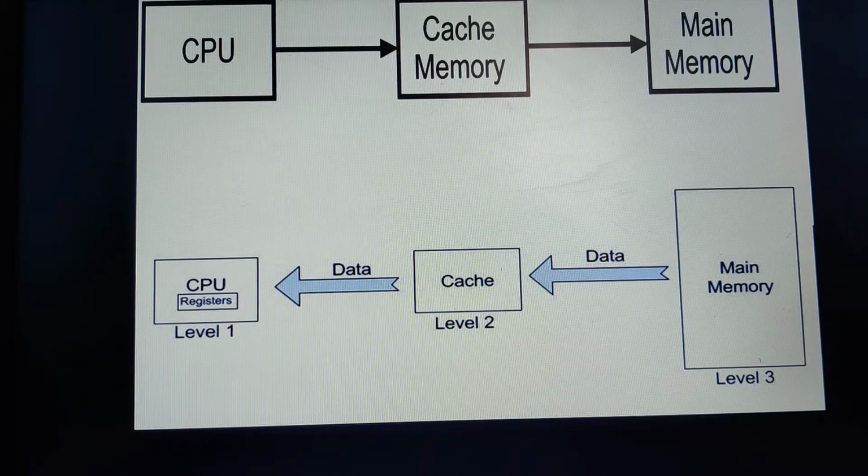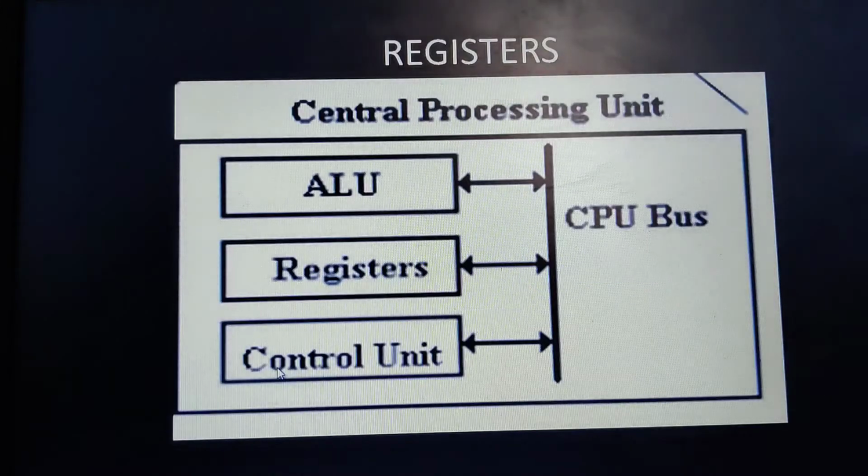Usually these registers work under the direction of the control unit, and these registers are capable of accepting the data, storing the data and transferring the data or the instructions that are required by the ALU for the processing purpose. So therefore, the number of the registers and the size of the registers in the CPU would definitely affect the power and the speed of the CPU.